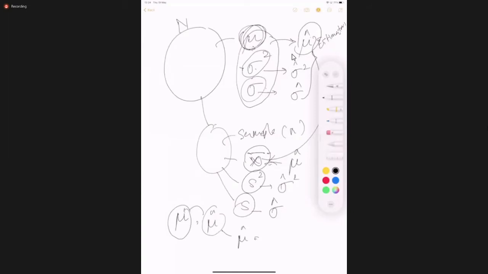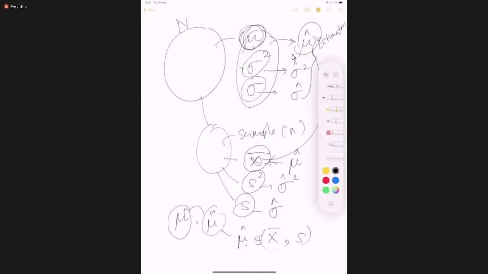In that case, to calculate the value of the estimator mu hat, we sometimes have to use more than one sample statistic, for example, X bar and S. Using these two sample statistics, mu hat is not equal to X bar or S. It's a function of these two.